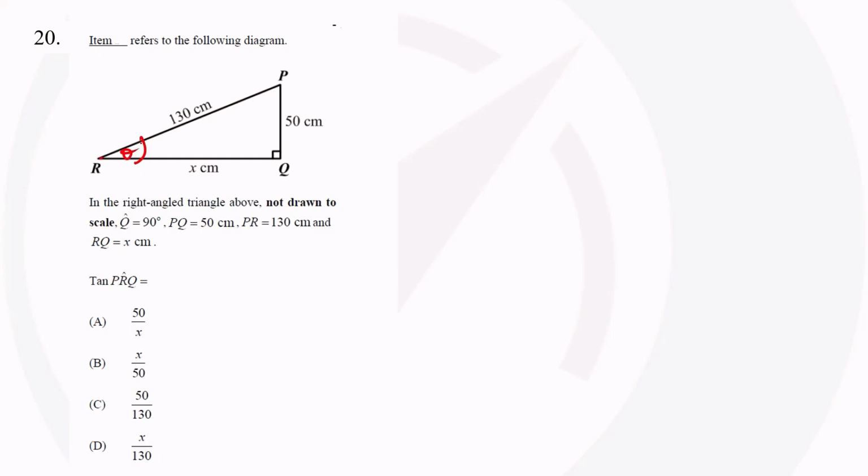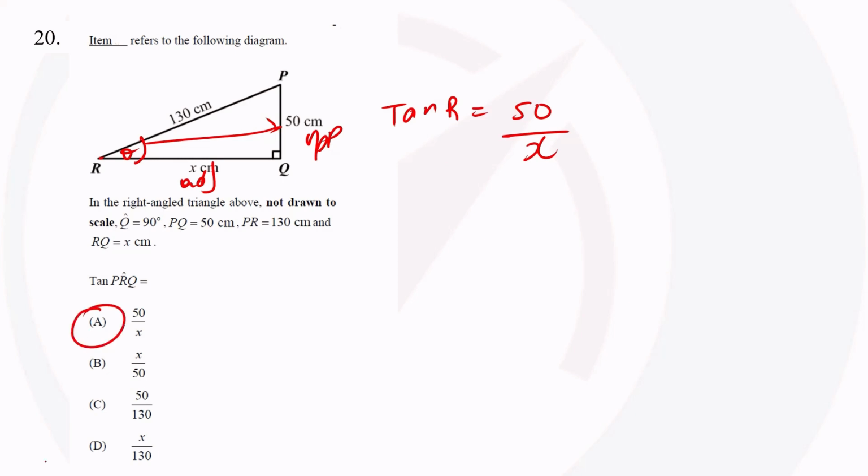Let's call it R. So tan R is equal to the opposite, which is 50, over the adjacent side, which is X. So that's 50 over X, therefore A would be our answer.